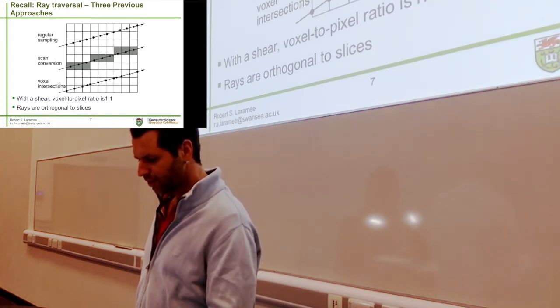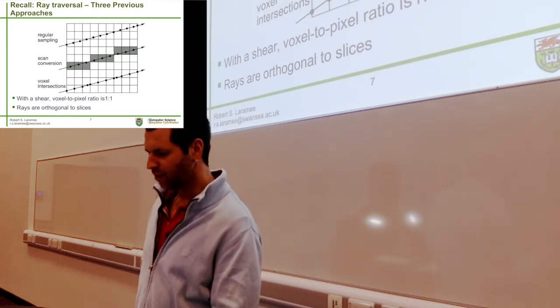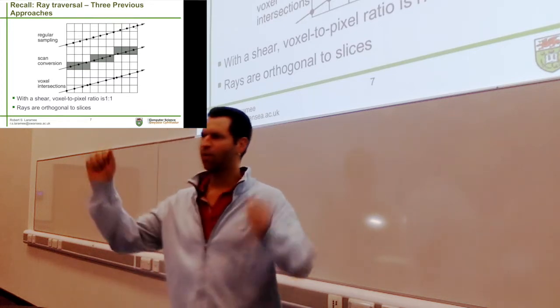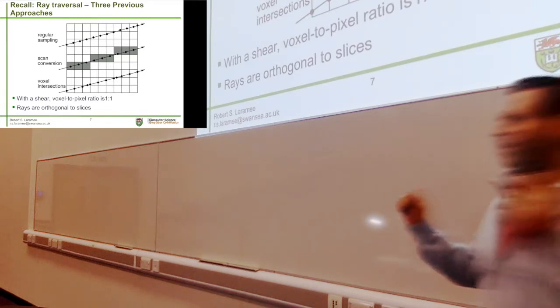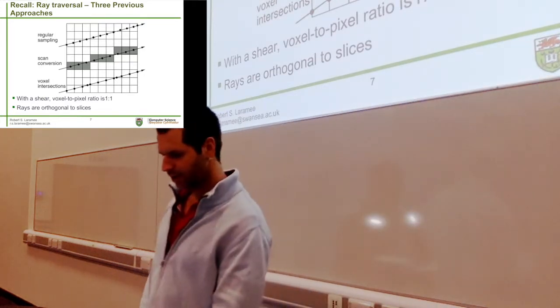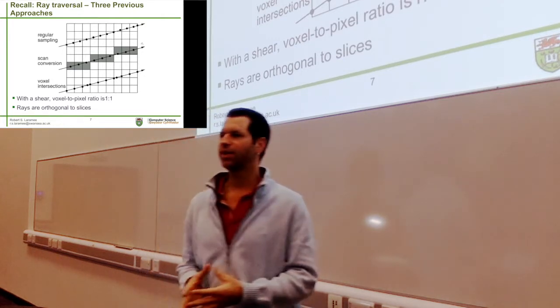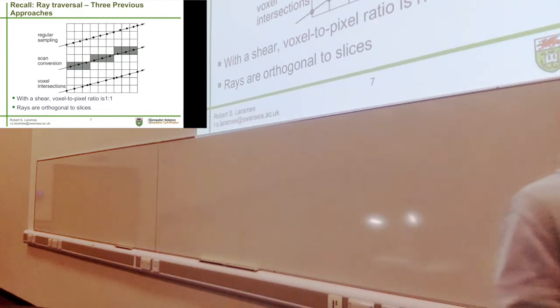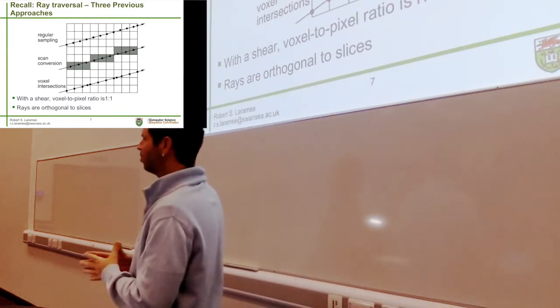But what if we could transform these rays in such a way that they were orthogonal to the volume? So they're pointing straight from left to right. So instead of going at an angle or intersecting the volume at an angle, they were going straight from left to right. You'd get a nice sampling configuration because you'd have uniform sampling and the minimal interpolation.